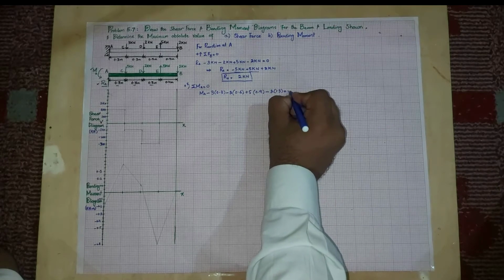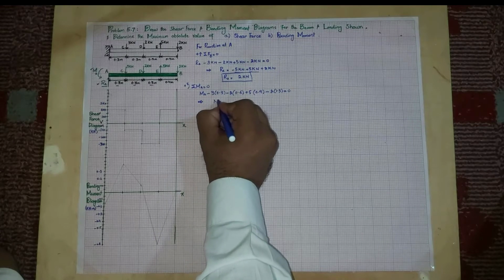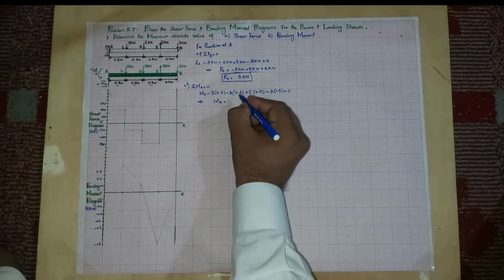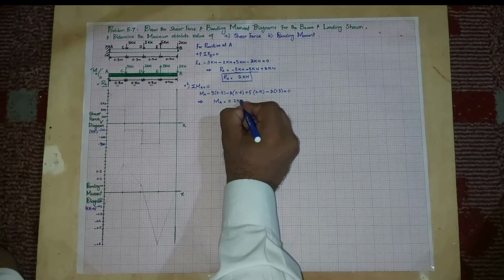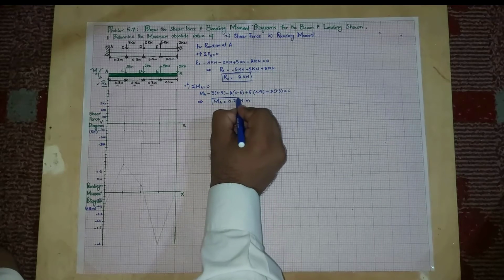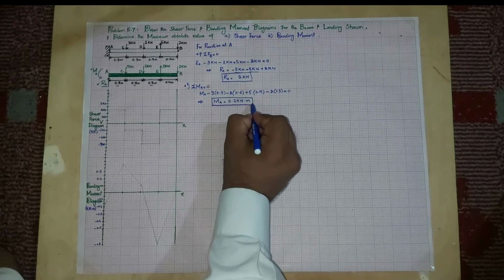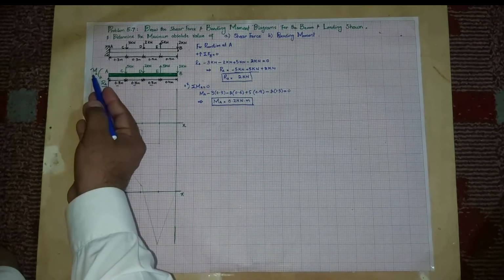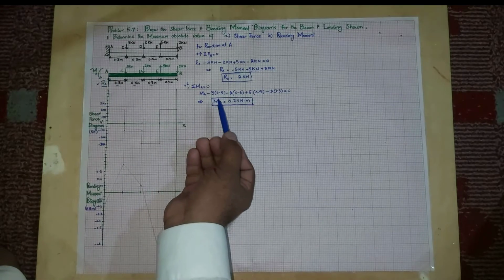Their sum must be equal to 0. When you solve that, the moment at point A comes out to be 0.2 kilonewton meter, which means this is counterclockwise, so the assumed direction is correct. Clear? Now we have found the reaction force and moment at point A.